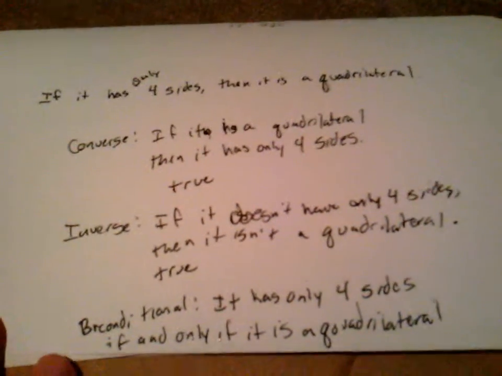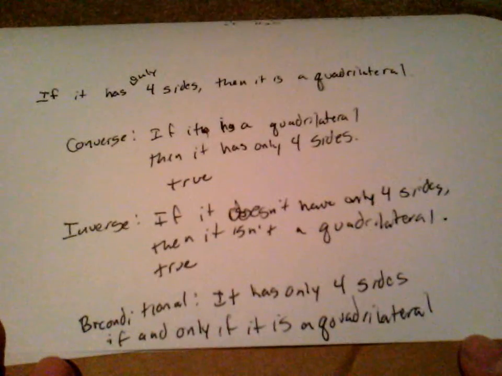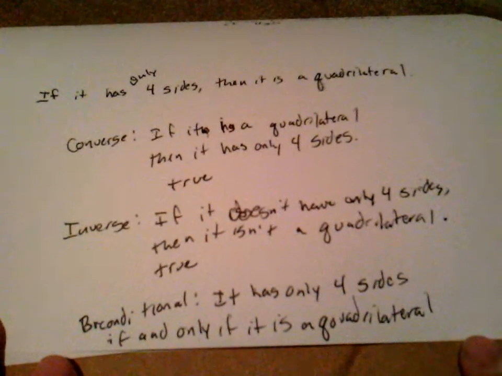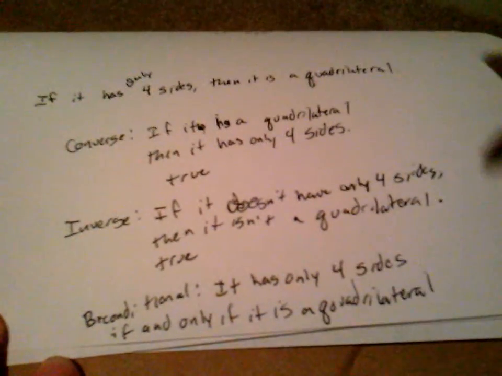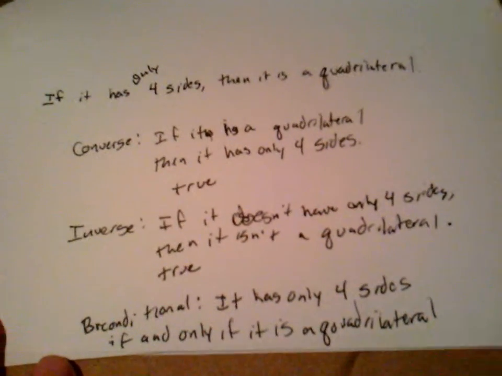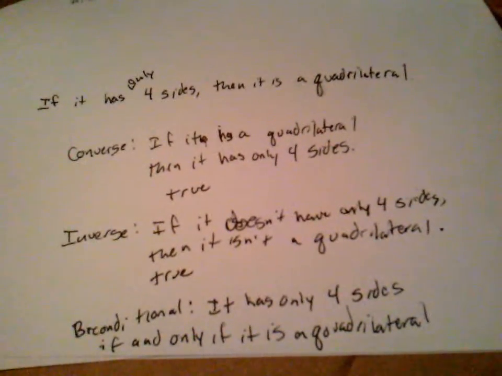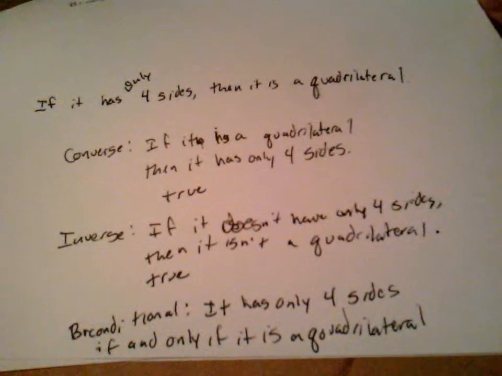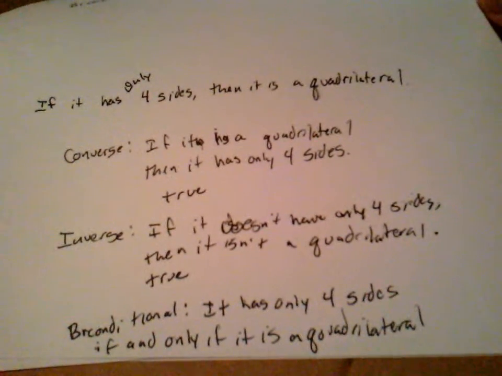So that's the concept. Okay, so that's what biconditional means. It's a biconditional statement. So you guys are going to be practicing this stuff today. There's biconditional statements, all your converse and all your counterexamples and stuff like that.